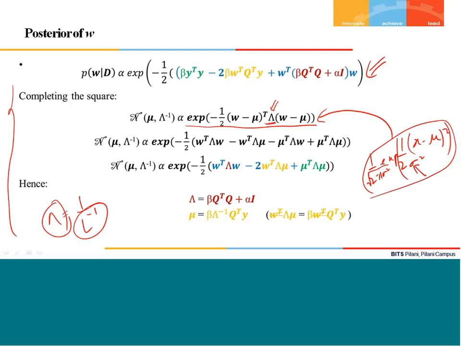So if you want to write a multivariate Gaussian distribution, you can write it like this, where mu is the mean and this is the covariance matrix.